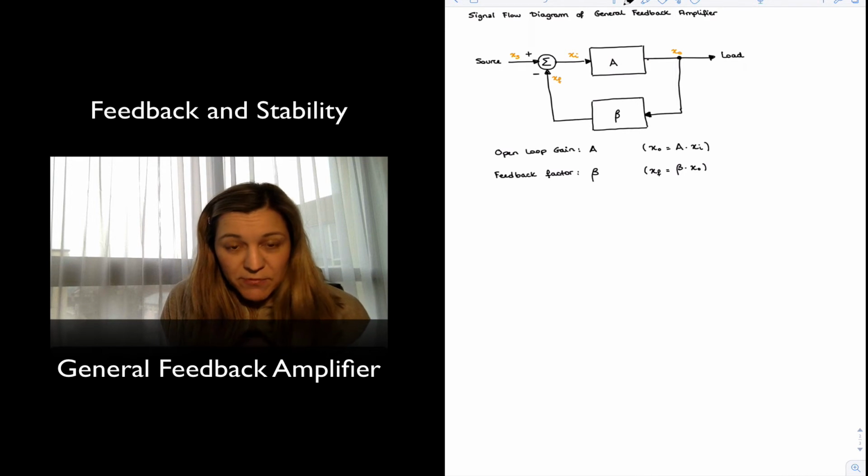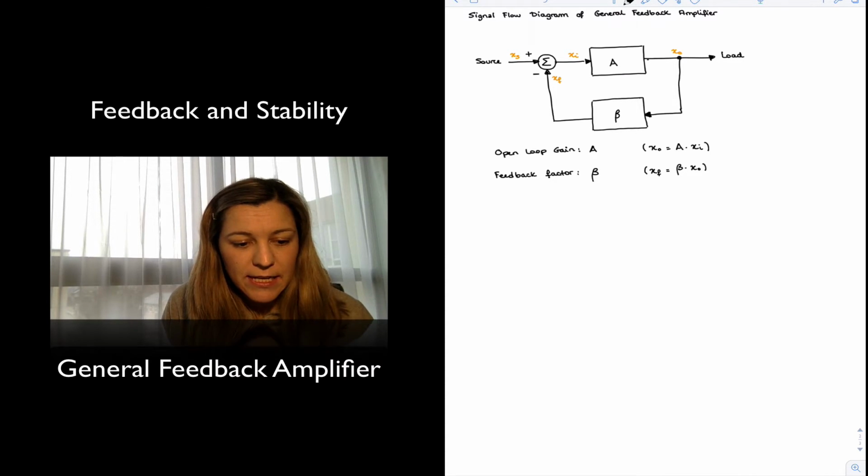Now, what happens to that feedback signal then is that it gets subtracted from the source signal to generate the error signal Xi.